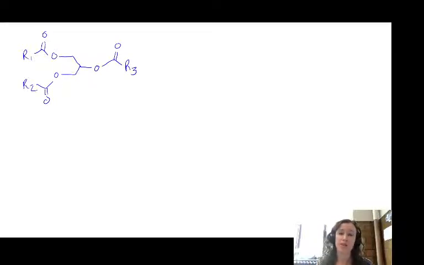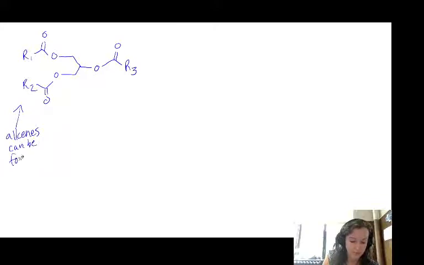Generally, in something like vegetable oil, it's a very long carbon chain. Since we're talking about a liquid oil, not a solid, we expect to find some unsaturation, or some number of alkenes in the R groups. Okay.